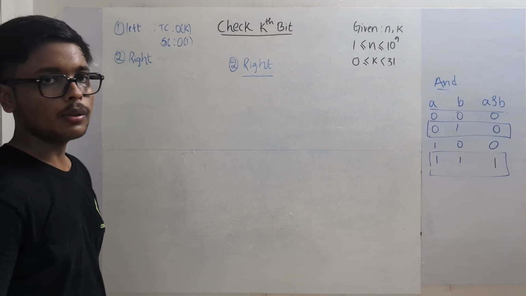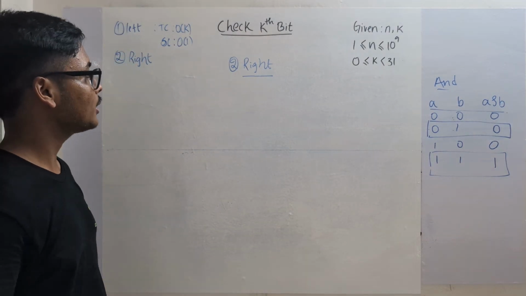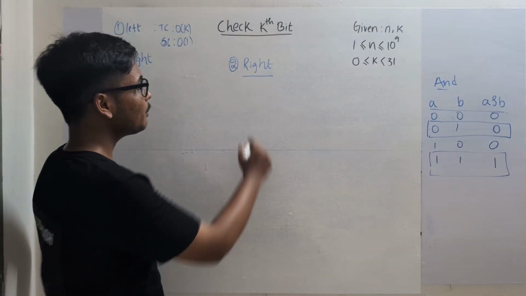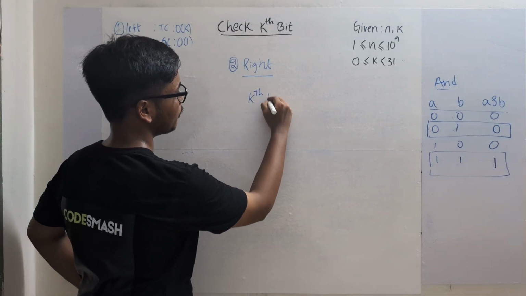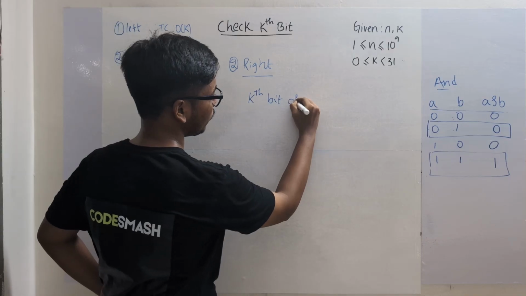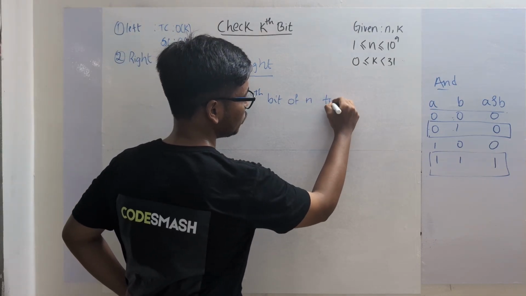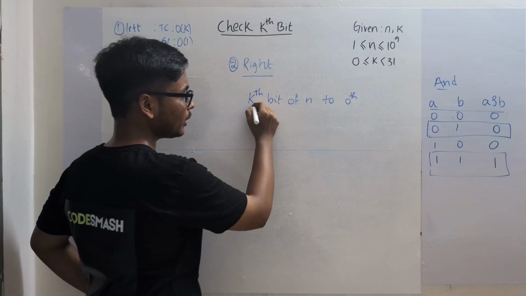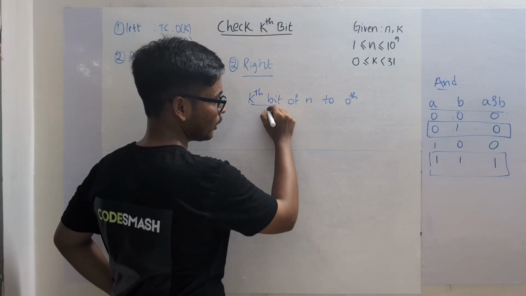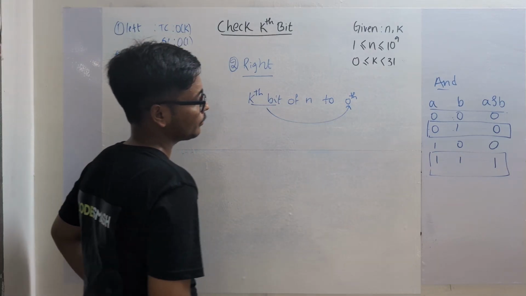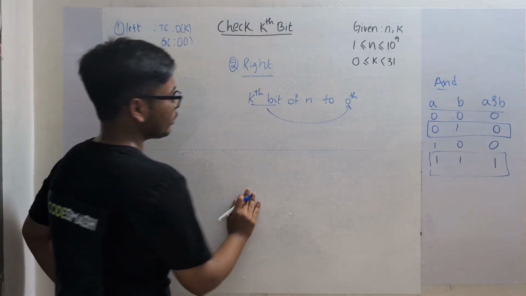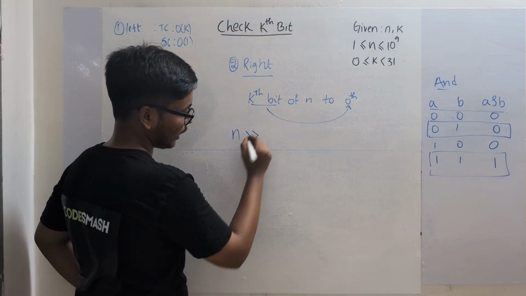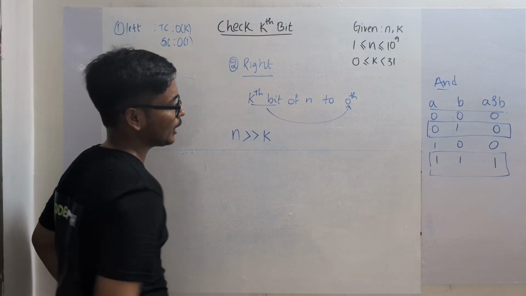In the first approach, we are generating a number m such that its kth bit is 1. Now what we will do in the second approach is, we will bring the kth bit of n to the 0th bit. So what we are doing is n right shift by k times.